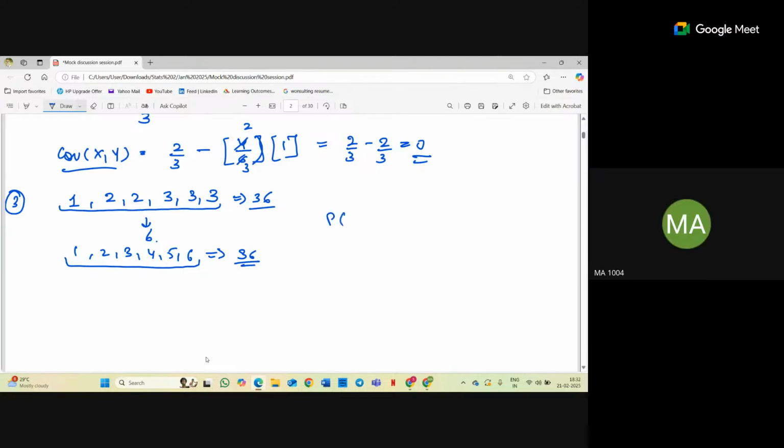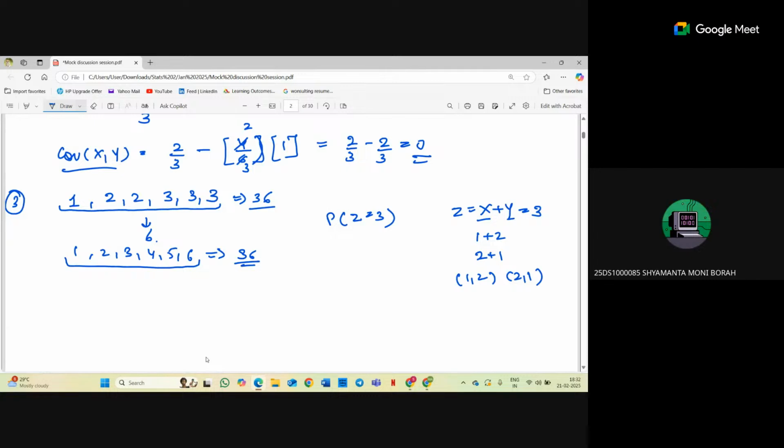Okay, so we have to find the probability of z equals 3. Z is x plus y, that means the sum of the two dice should be equal to 3. What are the outcomes by which we will get 3? It would be 1 plus 2 or 2 plus 1, that is 1 comma 2 and 2 comma 1.